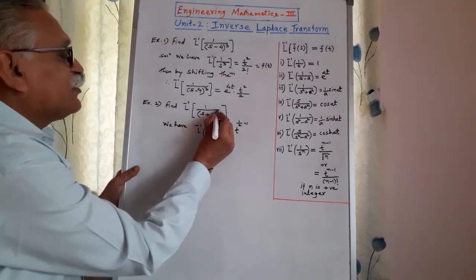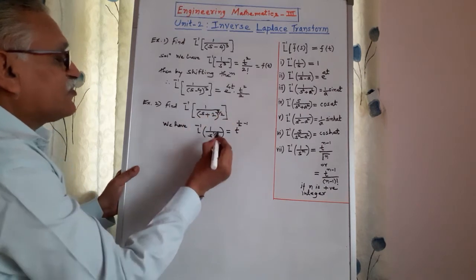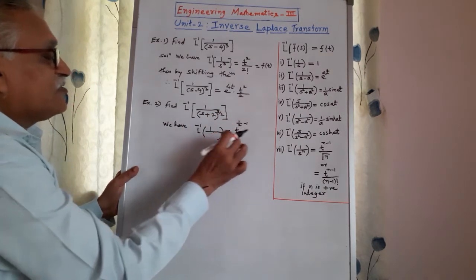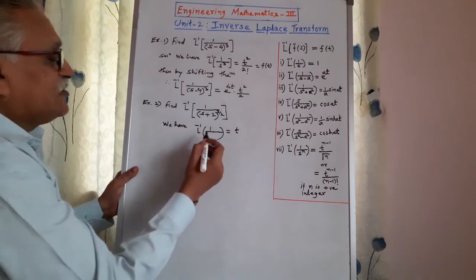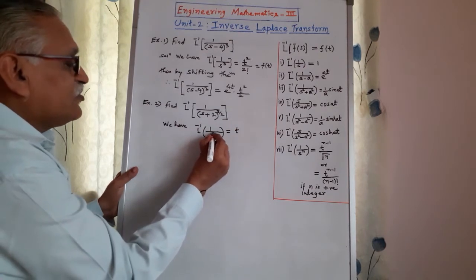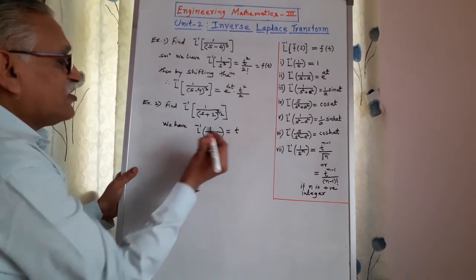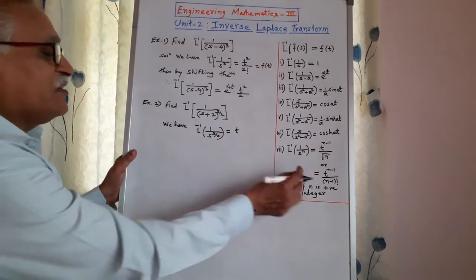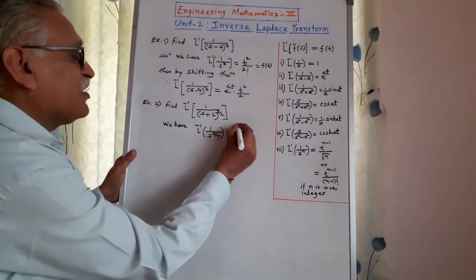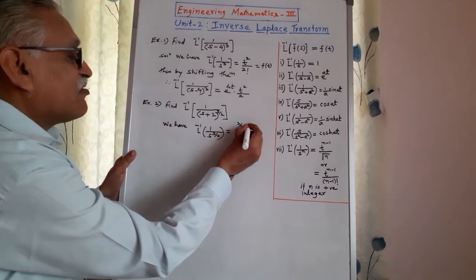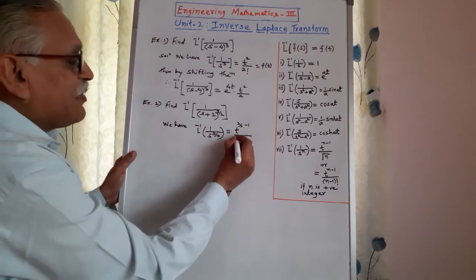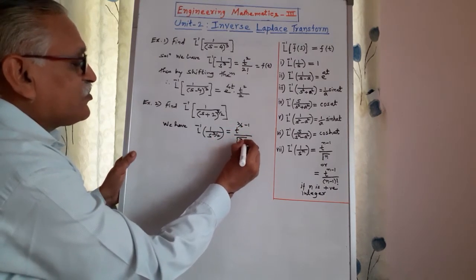Consider here n as 3 by 2. Therefore we find this as t raised to 3 by 2 minus 1 divided by gamma of 3 by 2.